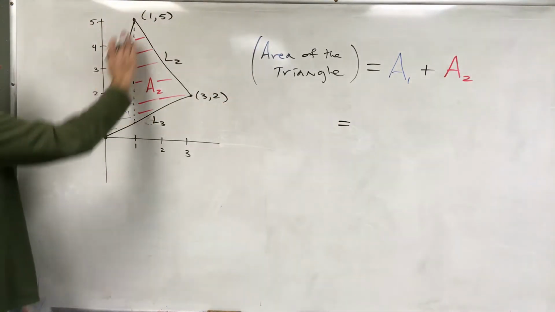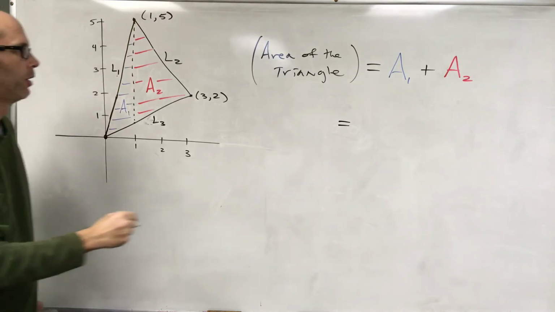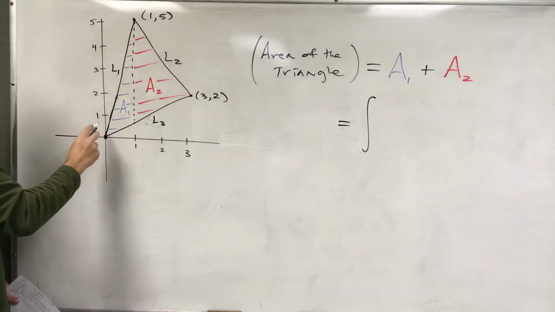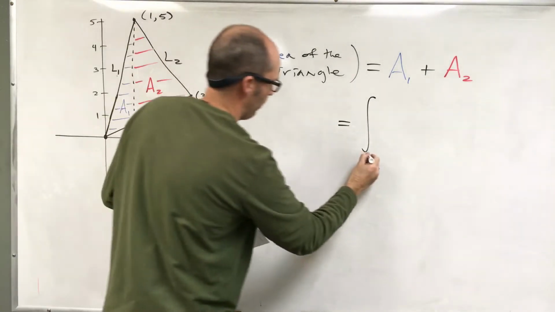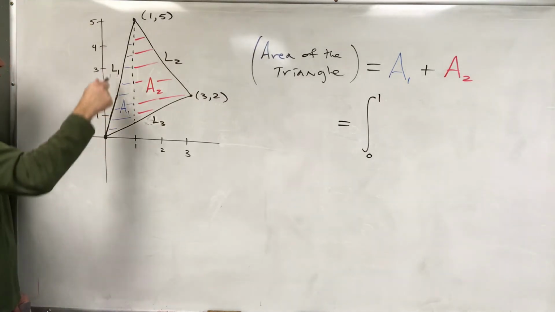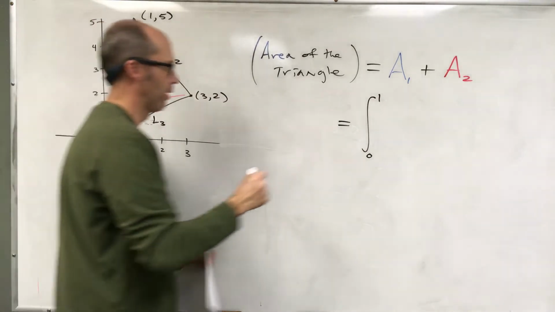So area 1, the blue area there, we can compute this with the integral from 0 to 1. Remember, top minus bottom, so line 1 minus line 3.